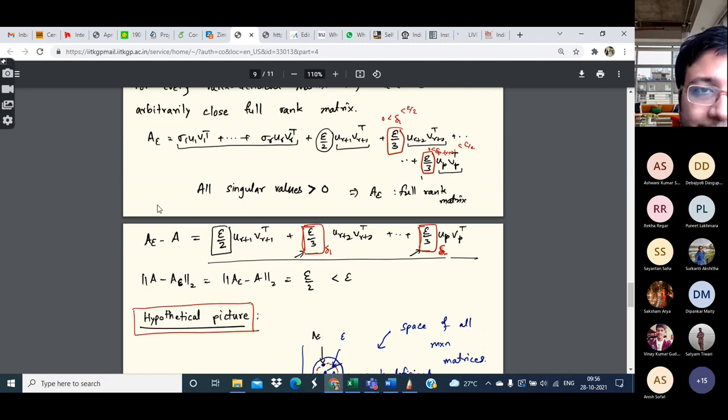But remember that A_epsilon has been defined in this way, where this part is A itself. So A minus A_epsilon is nothing but this part that we artificially created.